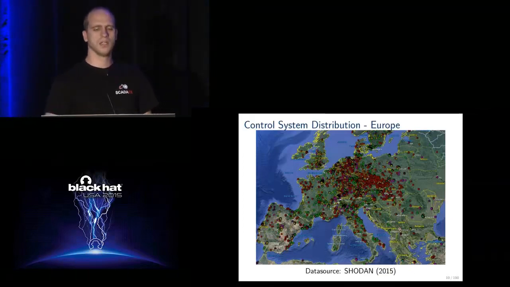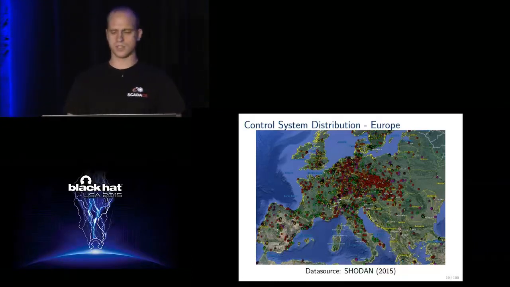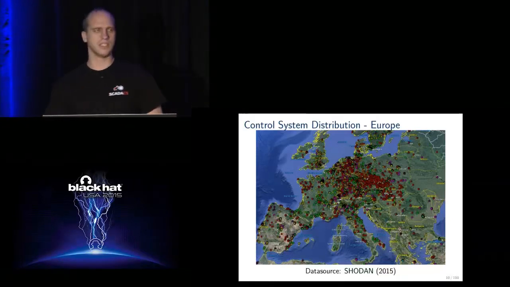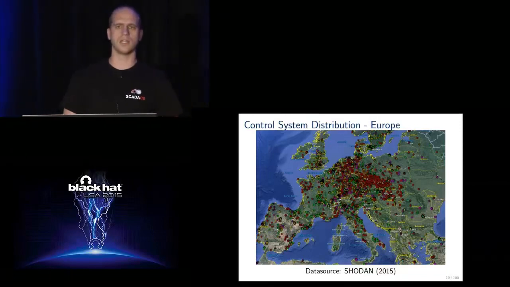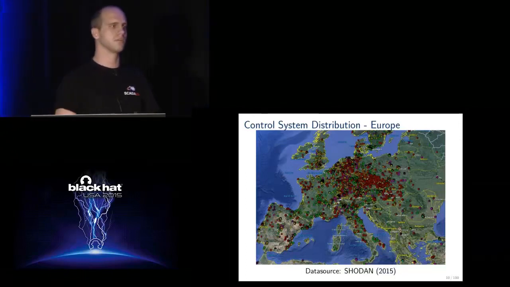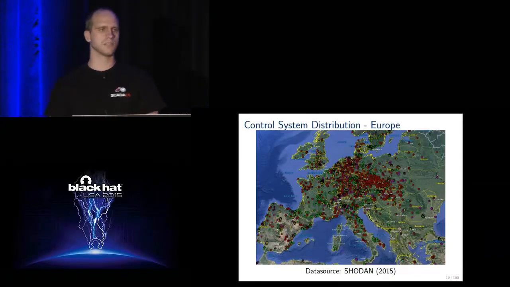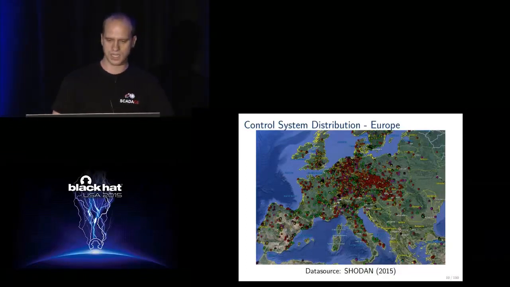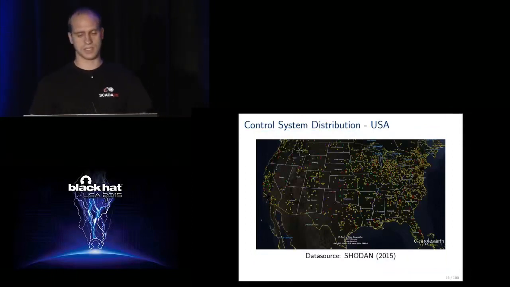So we searched on SHODAN for a lot of industrial control systems, and here we have a map. We see red dots are PLCs, green dots are PLC network devices, which make PLCs internet capable or Ethernet capable. They are converting from bus systems to Ethernet systems. And so we see there are a lot of control systems in Europe, and we also see that we have a lot of control systems in the USA.